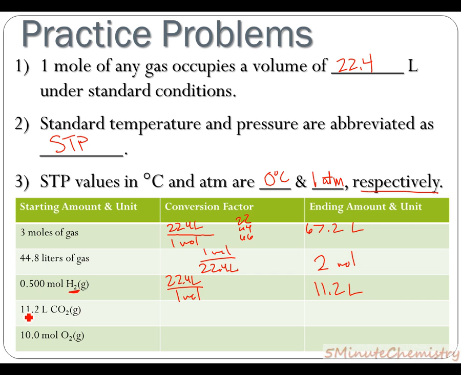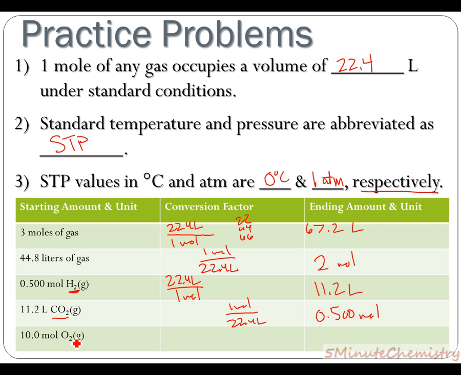Now 11.2 liters of CO2. Look at this, I want to cancel liters, 22.4 liters. 1 mole goes on top. And this is 11.2 divided by 22.4, which is 0.5 moles. Again, the identity of the gas doesn't matter. If it is a gas, then under standard conditions, this is what we have.